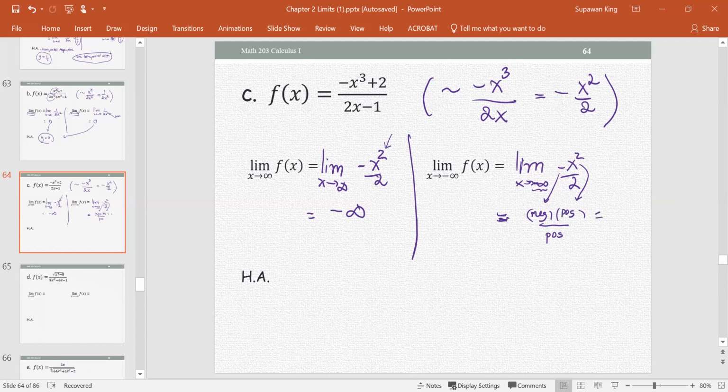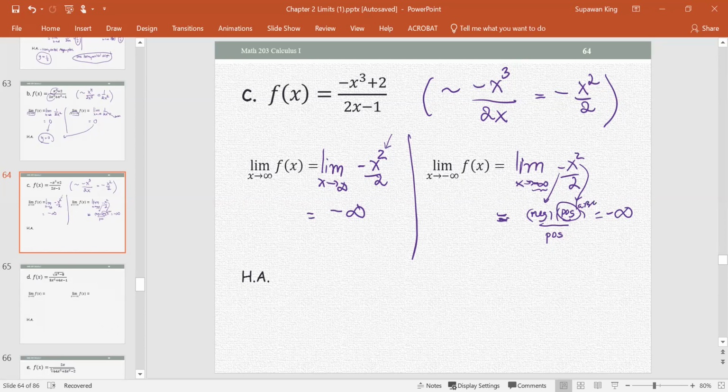So it doesn't matter whether you square a positive or negative quantity; the number that comes out is positive no matter what. And the negative sign as the original sign, divided by 2 which is positive, so the final result still remains negative infinity. Okay?